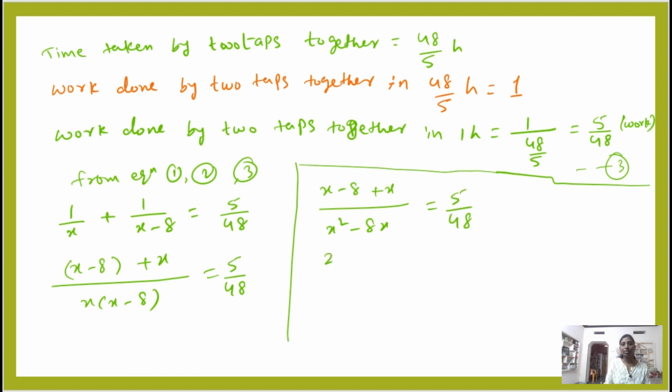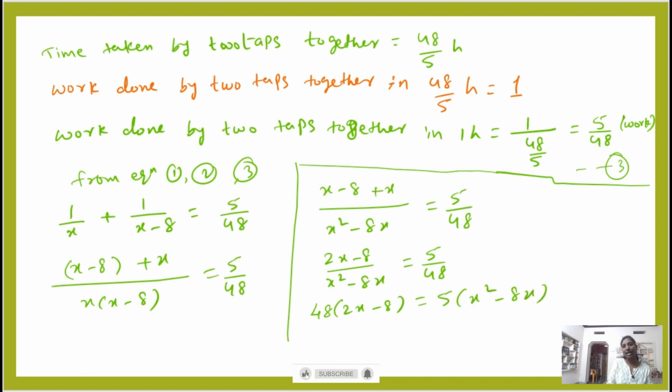Now 2x minus 8 by x square minus 8x is equal to 5 by 48. Now cross multiplication, 48 into 2x minus 8 is equal to 5 into x square minus 8x.